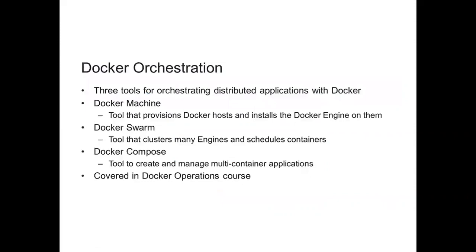To download these images, spin up containers, and maintain all this, there are some orchestration tools available. Majorly Docker comes with three tools: Docker Machine, Docker Swarm, and Docker Compose. Docker Machine is used to provision Docker on multiple hardware machines, virtual machines, or EC2 machines.